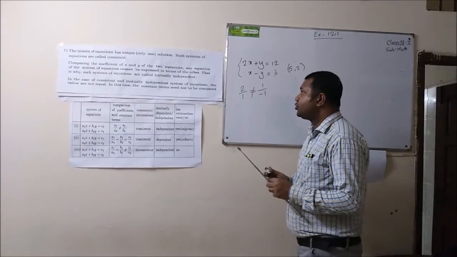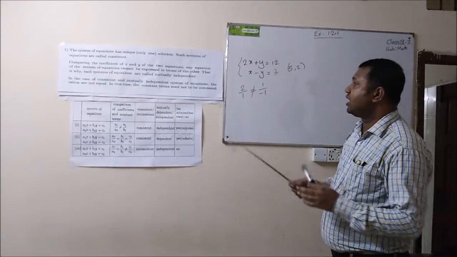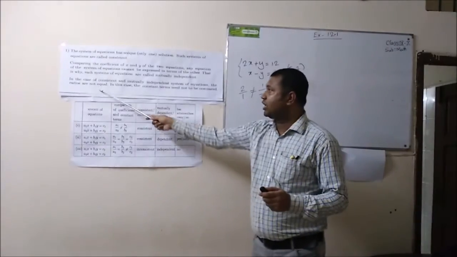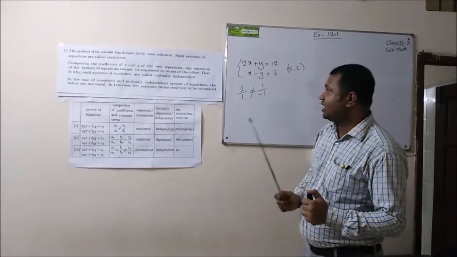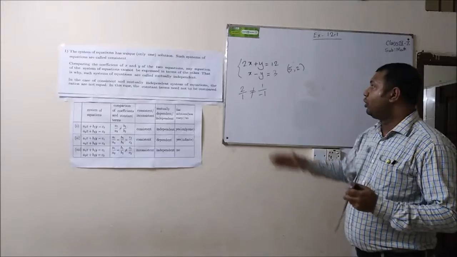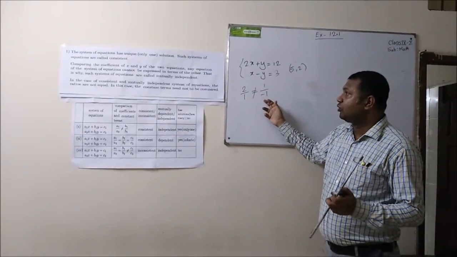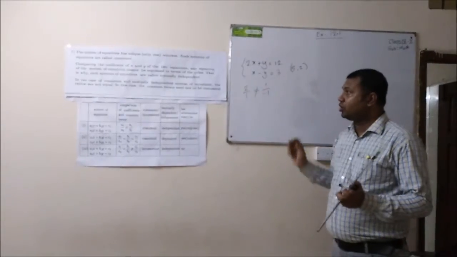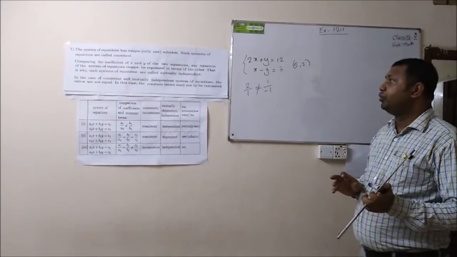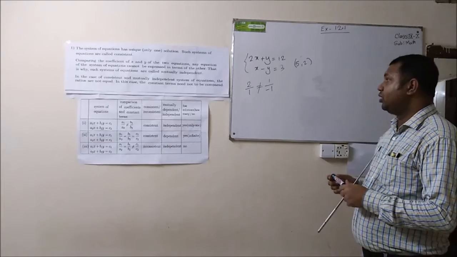They are not equal. In this case, the constant terms need not be compared. When we find that the variable coefficient ratios are not equal, we will not compare their constant terms.